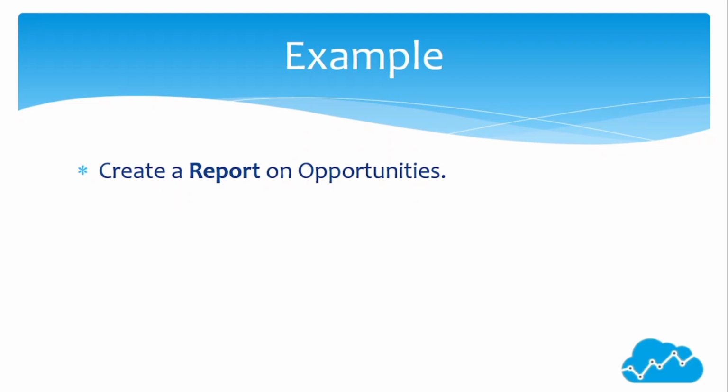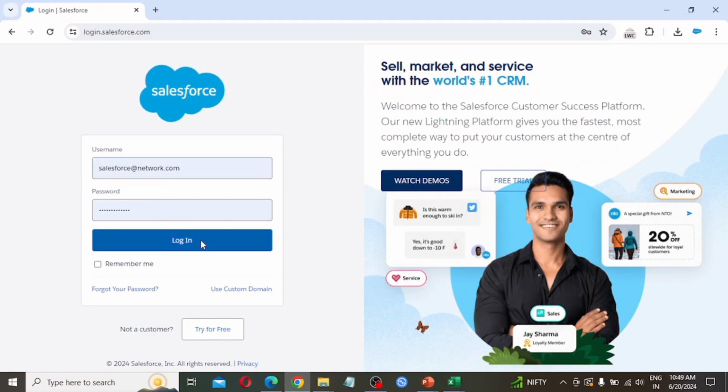So let's see an example. Create a report on opportunities. Here report type and report are two different things. Here we are going to create a simple report for opportunities. So let's log into our Salesforce account.